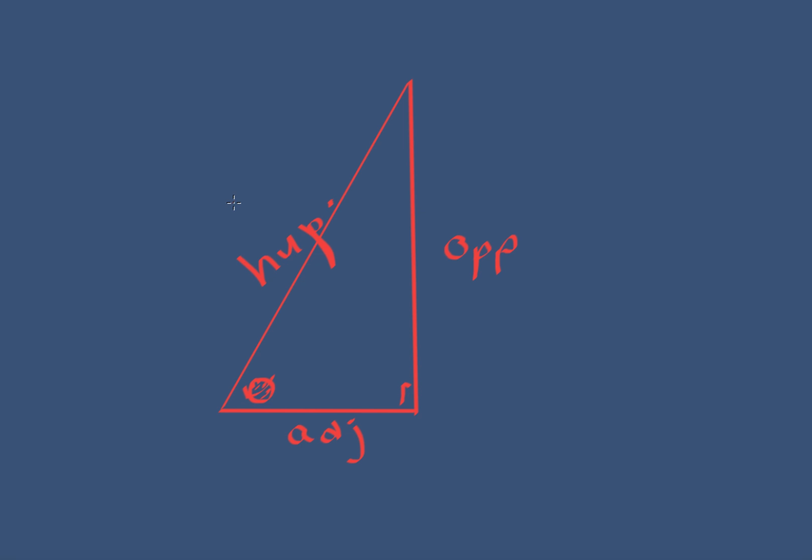Oh yeah, so basically what you're going to try and write down on the test is: the hypotenuse is the side across from the 90-degree angle.